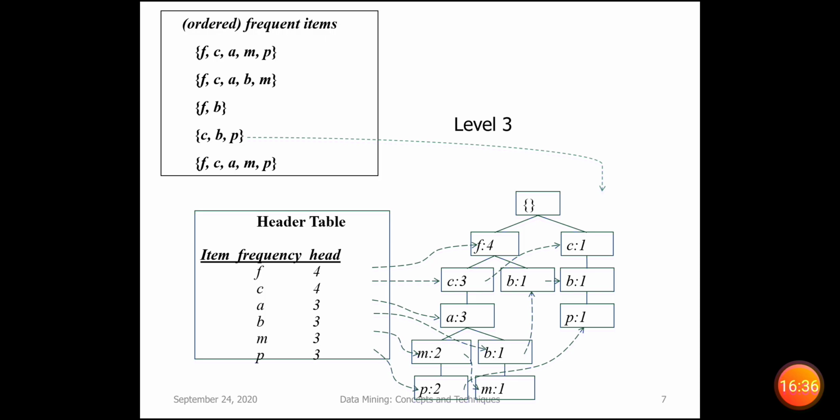For example, FCAMP is a frequent item set, FCBM is a frequent item set, FP is another frequent item set, CBP is another frequent item set. I read these from the ordered frequent item table. So from this tree we can find the frequent item sets or frequent patterns.